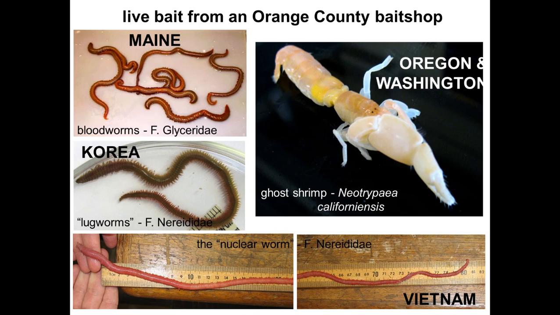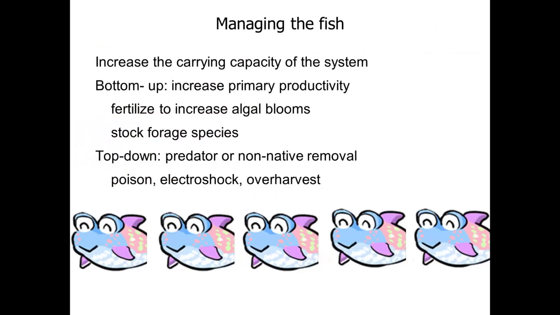The strategies that we need to put in place are first managing the fish, dealing with the idea of increasing the carrying capacity of the system. We can do this by increasing primary productivity, i.e. food sources, or top-down, removing the threats to the predators, including non-natives and some of the destructive fishing methods I talked about.